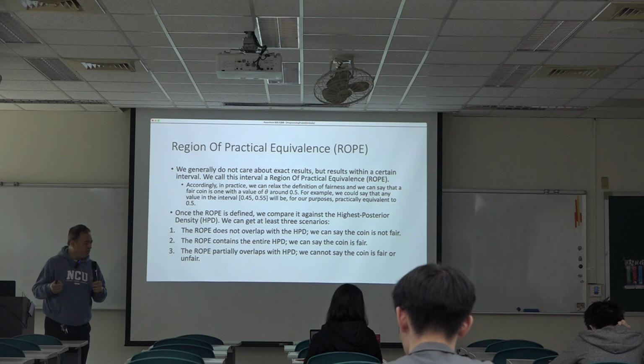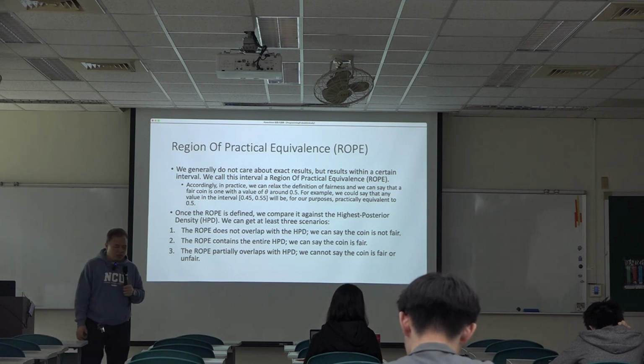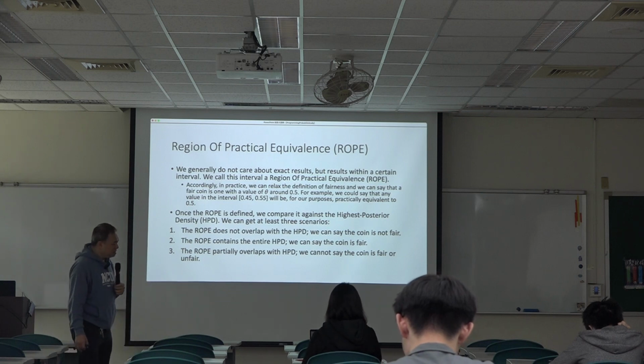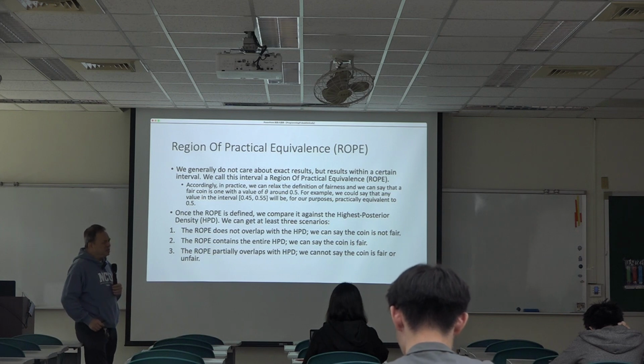Other Bayesian data analysis textbooks talk about why the classical or frequentist approach, such as the confidence interval, is not a good idea. But in this textbook, we don't talk about that much.